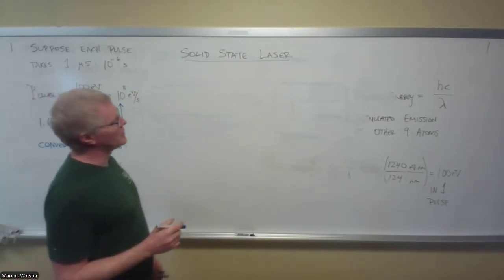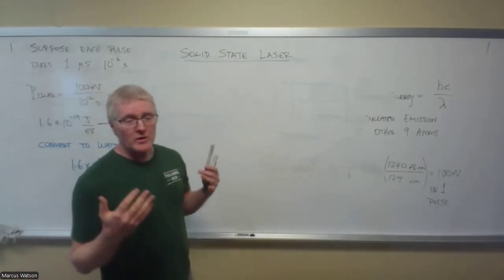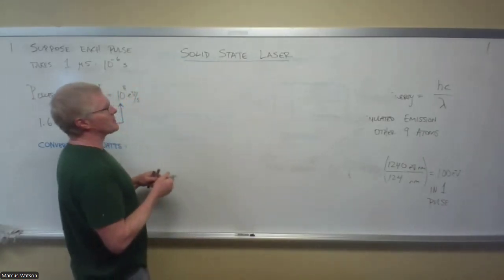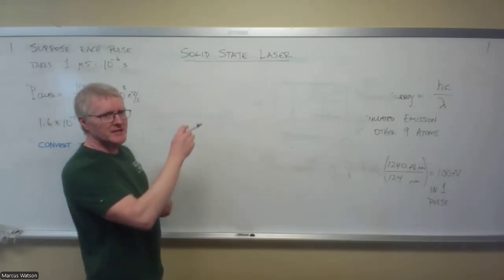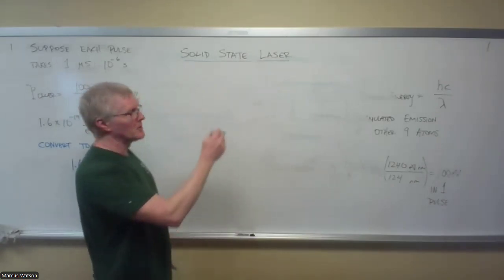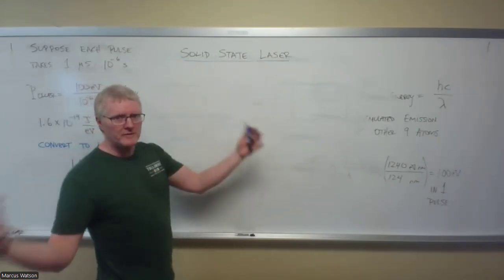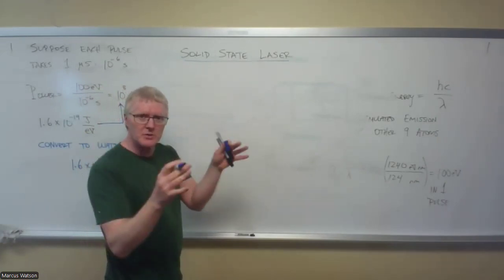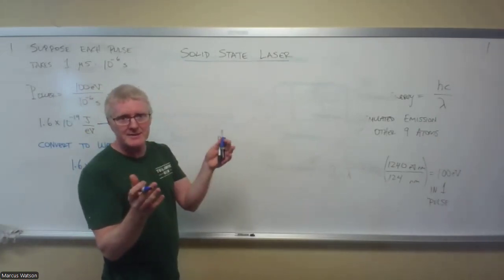Now, when you look at a laser or solid-state light-emitting device, like a light-emitting diode, basically what's happening is we're causing electrons to drop through a known energy difference. So what we do is we take all of these atoms, we put them together, we make continuous energy levels, which are called bands.